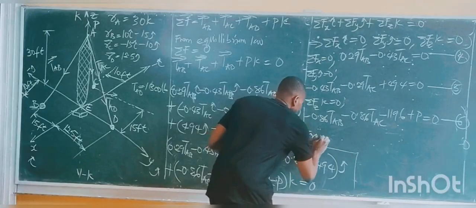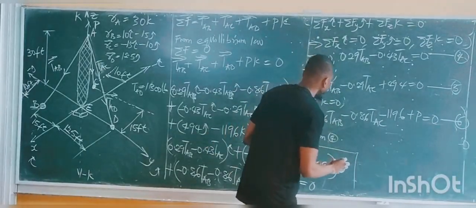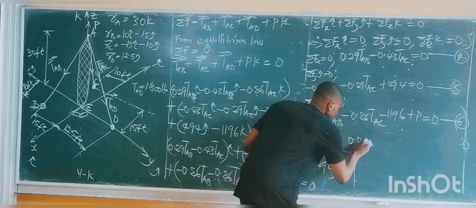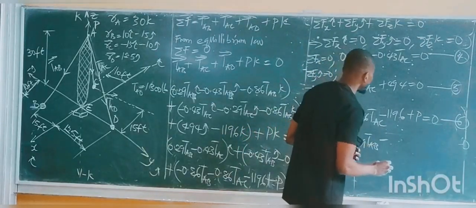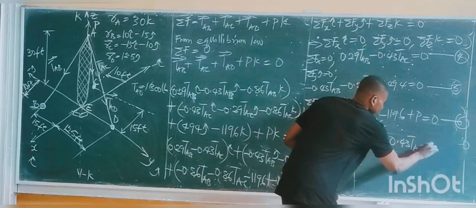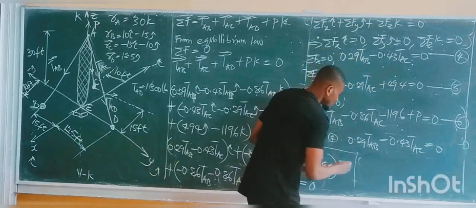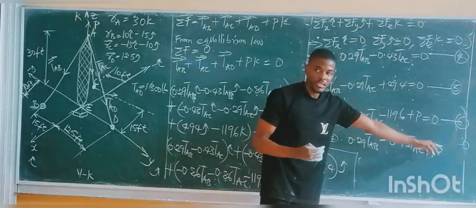From equation 4, we have that 0.290 TAB minus 0.480 TAC is equal to 0. So let's send minus 0.480 TAC over to this side of the equation.